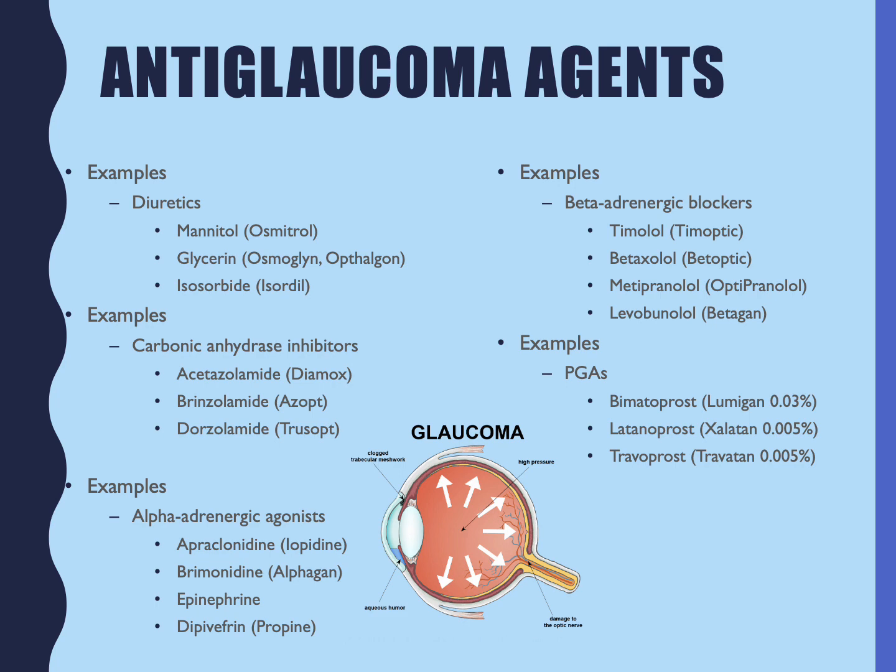They significantly reduce intraocular pressure, and they do this by increasing the outflow of aqueous humor, which is an increase in the uveoscleral outflow, which is a different route other than the trabecular meshwork and the canal of Schlemm. Some examples of these include bimatoprost, latanoprost, and travoprost.